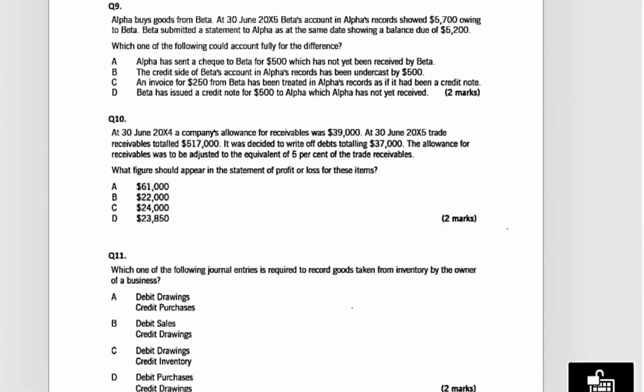So he can't record that 5,200 if he has not yet seen the check.